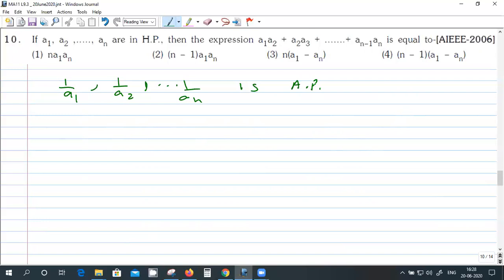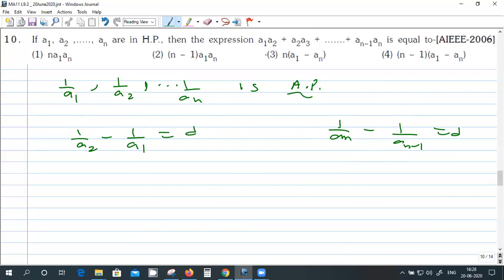This is the first step, okay? So that means that 1 by A2 minus 1 by A1 is D, right? Simply 1 by AN minus 1 by AN minus 1 is D. The next term minus the previous term is D. That is the meaning of AP, right? So that you have to use.